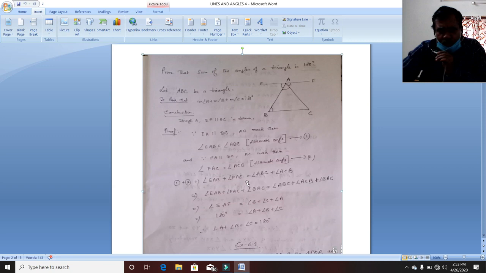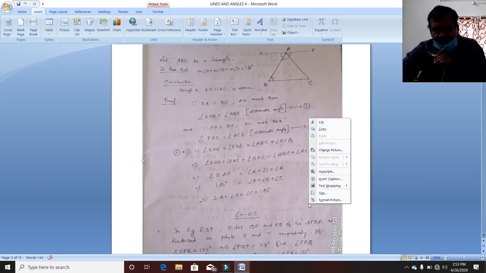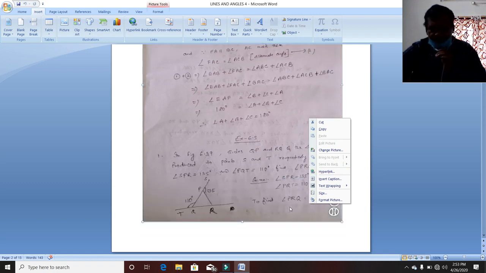When I add BAC on both sides, this becomes a straight angle. And you see angle B comes here, angle C comes here, angle A comes here. So angle A plus angle B plus angle C equals 180 degrees. This is proved. So I have proved that the sum of the interior angles of a triangle is 180 degrees. Yes or no? These two theorems I have proved.